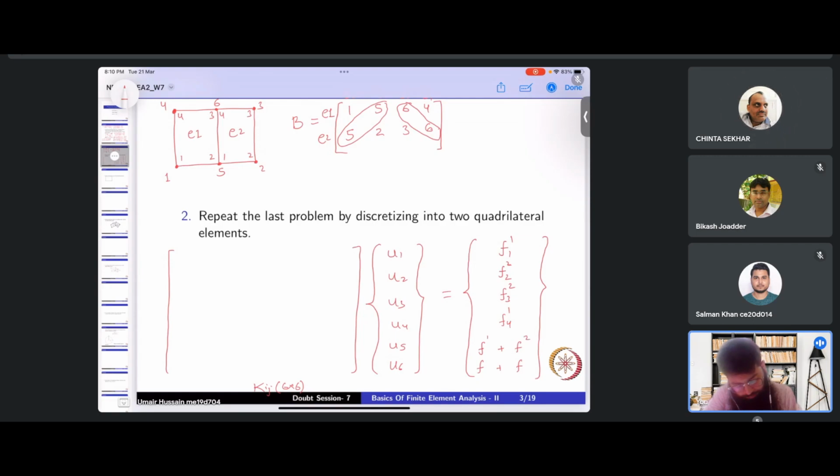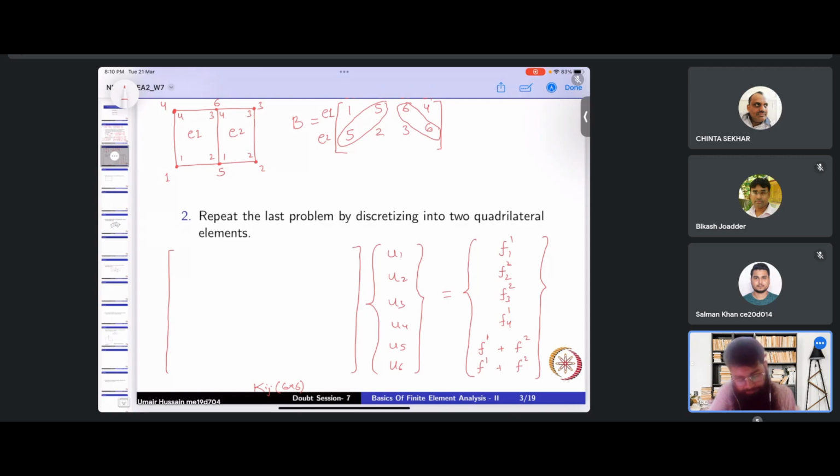So what would be the contribution for element 1? The superscript here means the element number, but what should the subscript be?